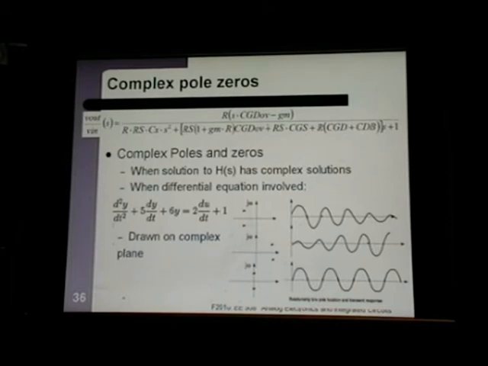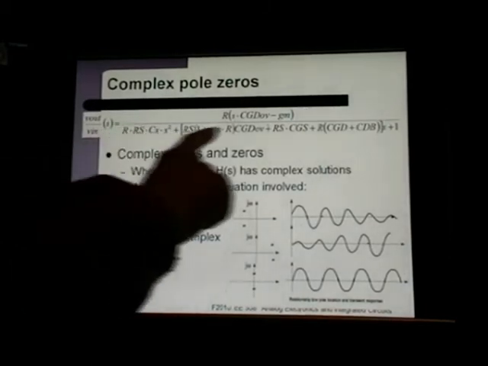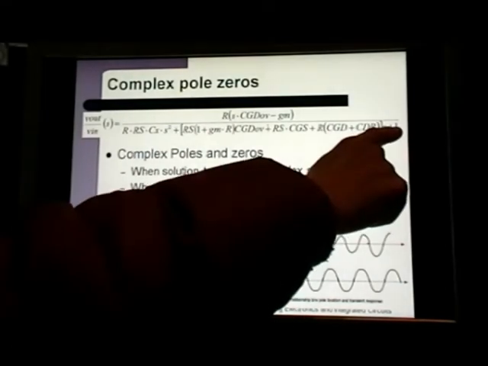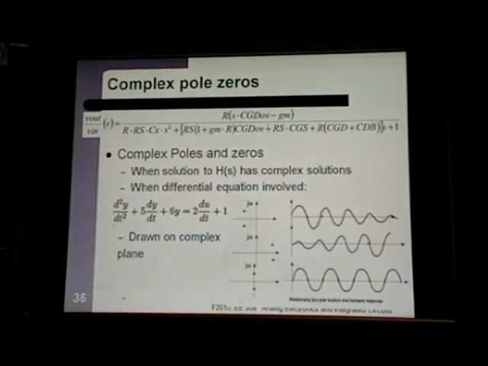Okay, there's also complex poles and zeros, and we'll talk about that a little bit more on Monday. But when you get an equation like this, notice in the bottom you have an s squared and then an s and then a constant. That's a quadratic equation. You can solve it using the quadratic equation, and you can get a complex solution.